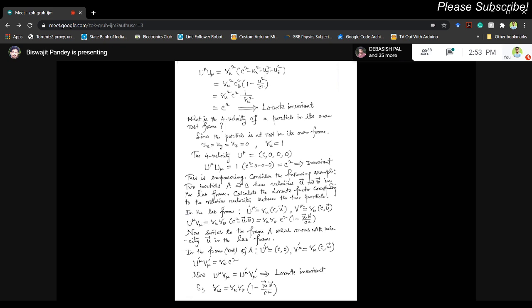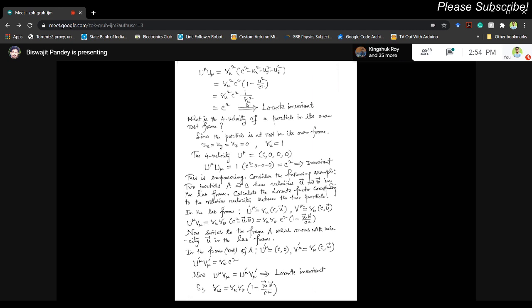If you take c square outside, ux square plus uy square plus uz square equal to u square, so that becomes 1 minus u square by c square, and this is nothing but the Lorentz factor 1 by gamma u square. Remember, this gamma u is the Lorentz factor associated with the velocity of the particle, right? That is 1 over square root of 1 minus u square by c square.